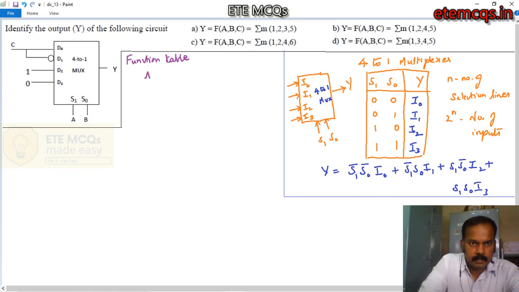The selection lines are represented by A, B. The output is represented by Y.